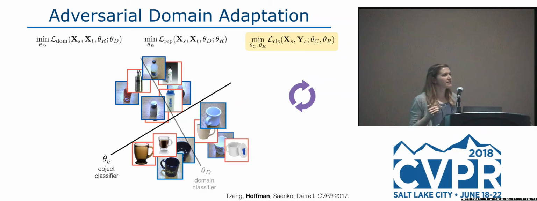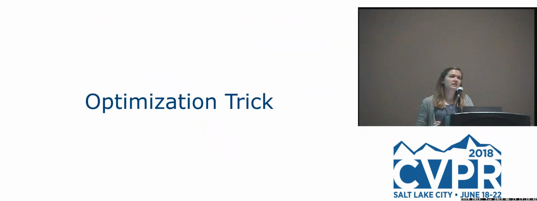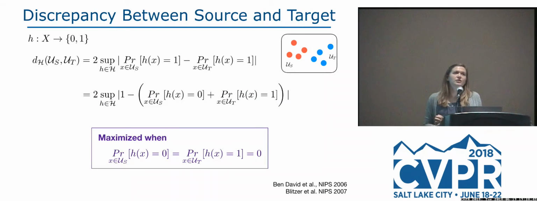Now, because this is an adversarial method, as many of you are probably aware, adversarial methods can be notoriously tricky to train. So I want to take a brief moment to mention one optimization trick for this particular line of work. If we go back to the math of how we could compute the empirical approximation of this distance, I said that this quantity was maximized when both of these probabilities were equal to 0.